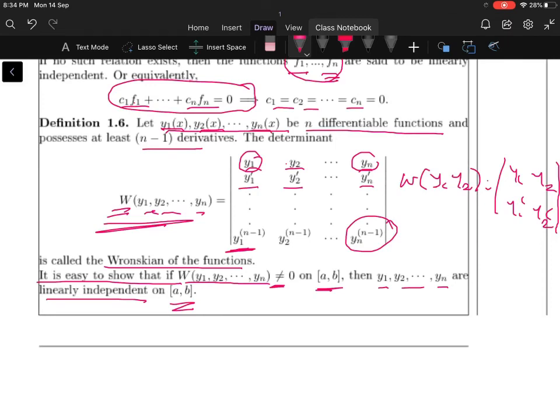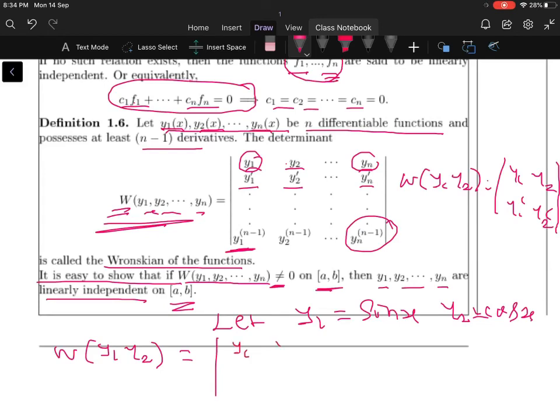How do we say functions are linearly independent through the Wronskian? Let y1 equal sin x and y2 equal cos x. Let me define the Wronskian of the two functions, y1 comma y2, as the determinant of y1, y2, y1 dash, y2 dash.